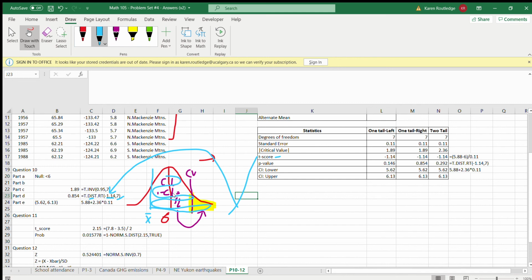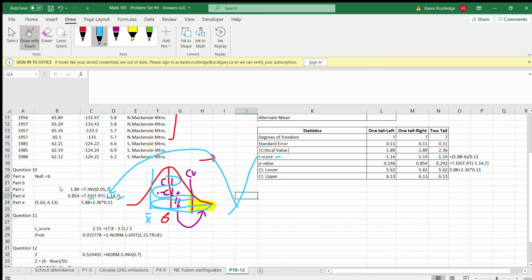We know that this is 50% of the curve, so our p-value had better be greater than 0.5. And in fact it is, it's 0.85. So we've done a kind of back of the envelope check that yes, a p-value that high is reasonable. And it matches the same do not reject conclusion that we reached using the critical value.